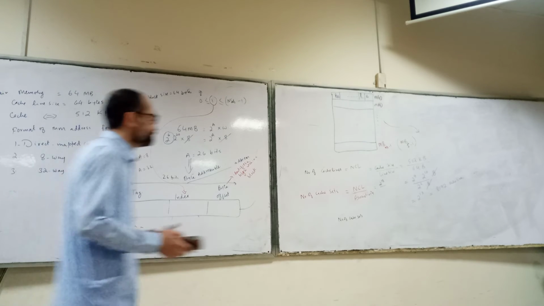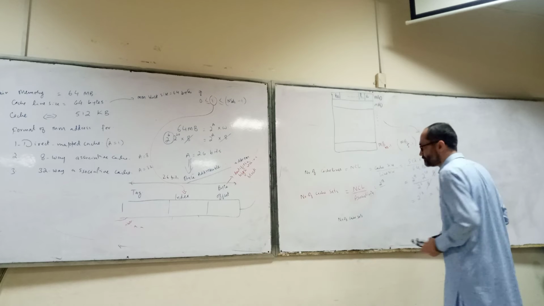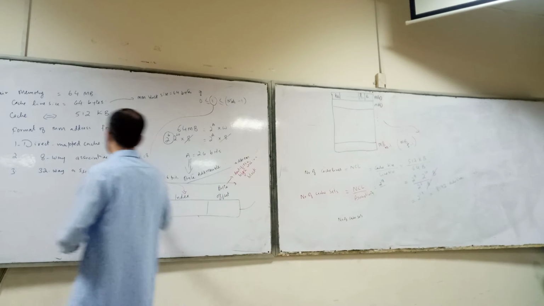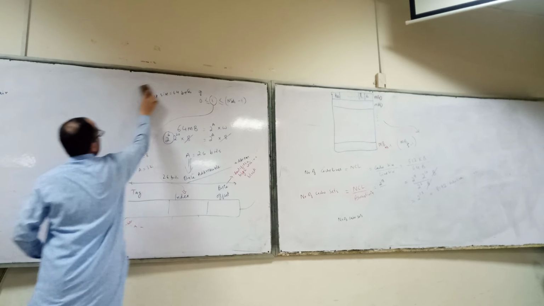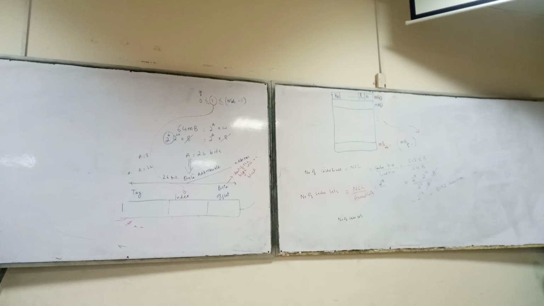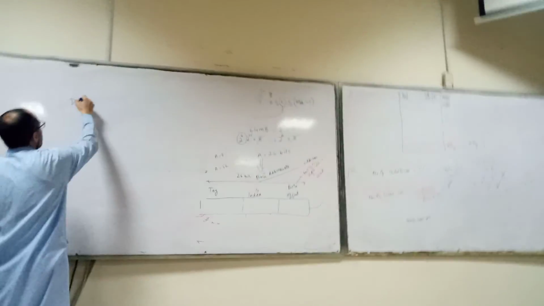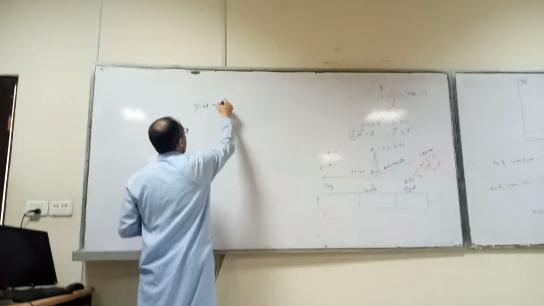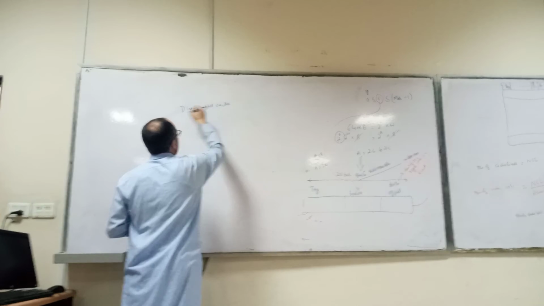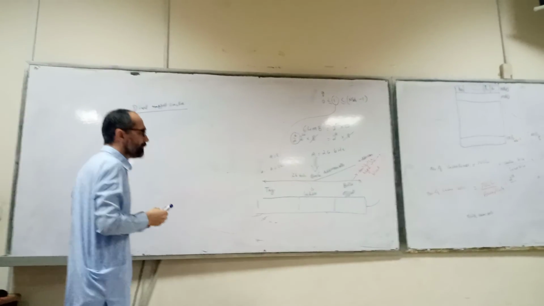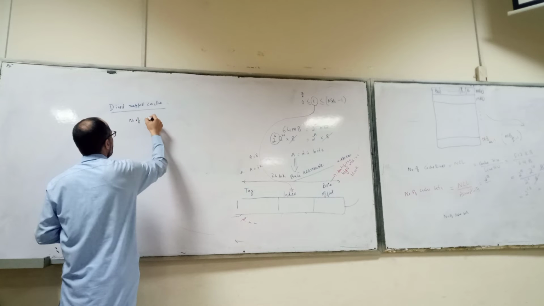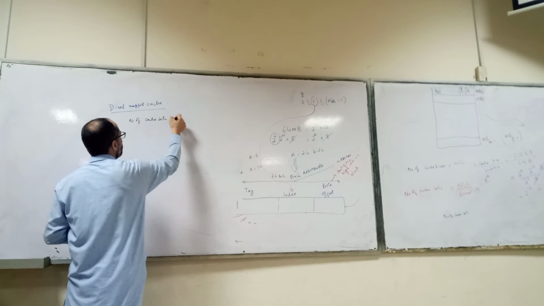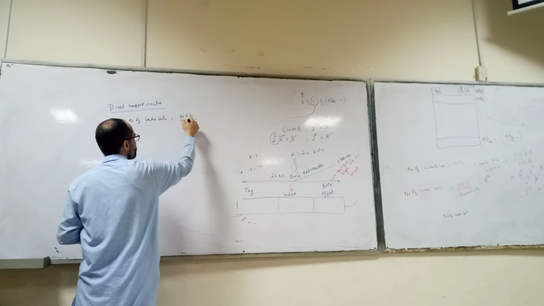For the direct map cache, the number of cache sets is equal to the number of cache lines divided by associativity.